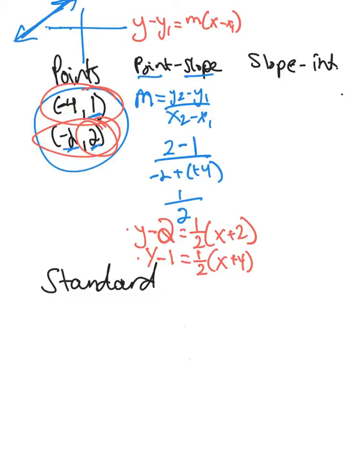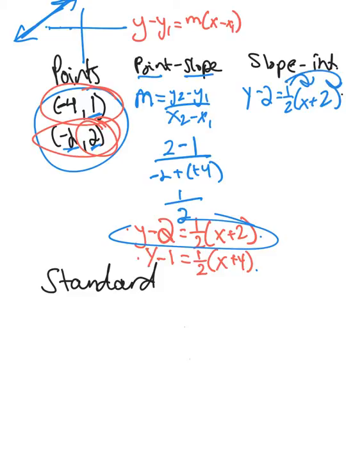So what we can do here is we can take either problem, this one or this one. I'm going to use this first one right here. And I'm going to change it into slope-intercept. So y minus 2 equals 1/2 times x plus 2. Okay, and to make it into slope-intercept, remember I want to get it into y equals mx plus b.